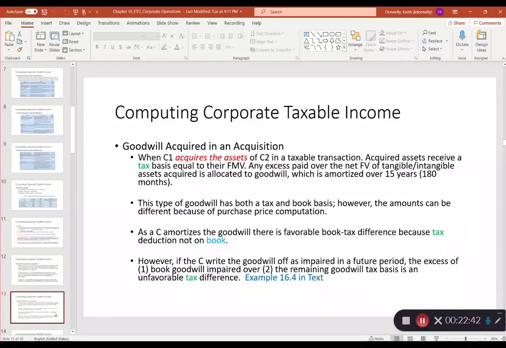So this type of goodwill, when we acquire the assets, is going to have both a tax and book basis. This is different if we acquire the stock. Now, as the corporation amortizes the goodwill, there's going to be a favorable book to tax difference because of a tax deduction that's not on our books. So you can see that there in 16.4.